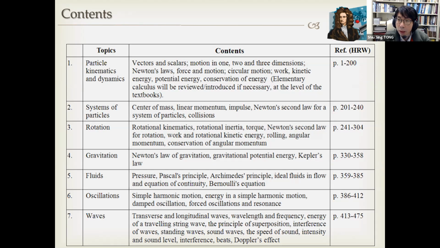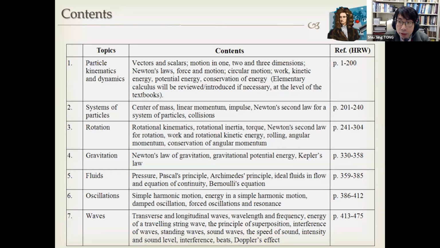Okay. Elementary calculus will be reviewed and introduced at the level of the textbook. And the second topic deals with systems of particles, in which you have 2 or more particles that may collide with each other. So you have the concept of the center of mass because you are dealing with many particles, a rigid body, for example.